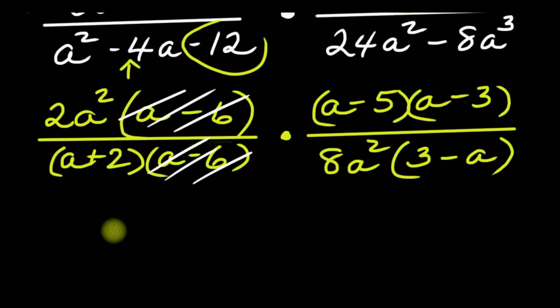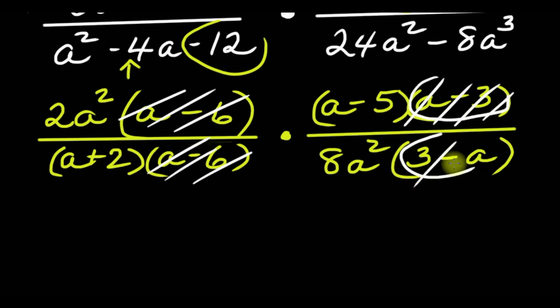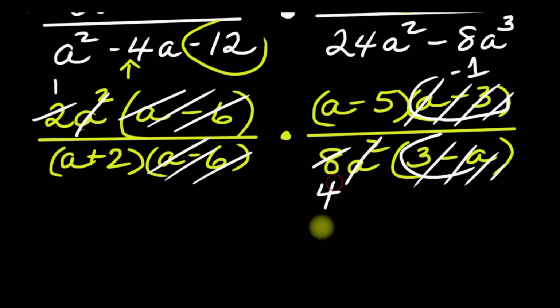Eliminate those. Now here I have a minus 3, and then here I have 3 minus a. So those are opposite. So I'm going to eliminate those and make it into a negative 1 instead of a positive 1. Okay, it looks like I can take out the a squared with this a squared. And then 2 over 8 can be reduced to 1 over 4.